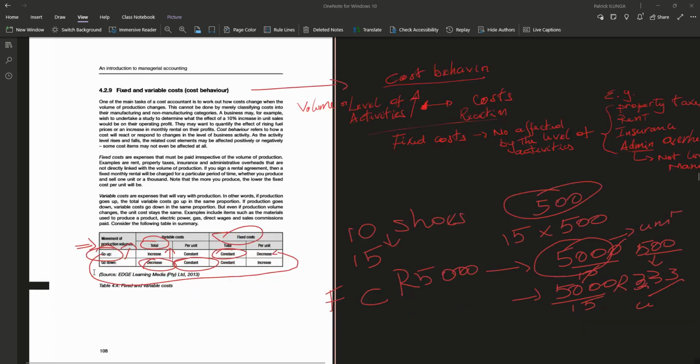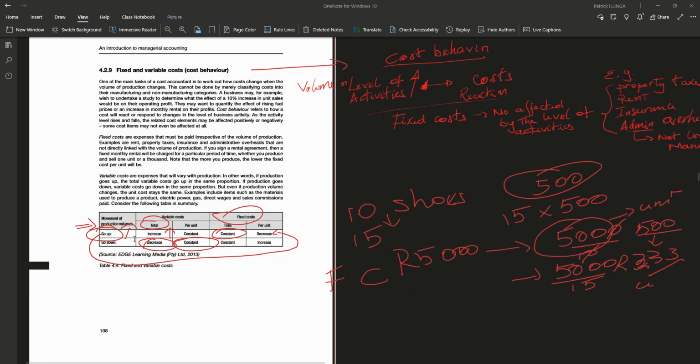And that's where this table is quite helpful on this page, because when the movement in production volume goes up, the total variable cost increases, but per unit it's constant, right? Per unit it's constant. When the volume goes down, it decreases, right? Because the volume has gone down.